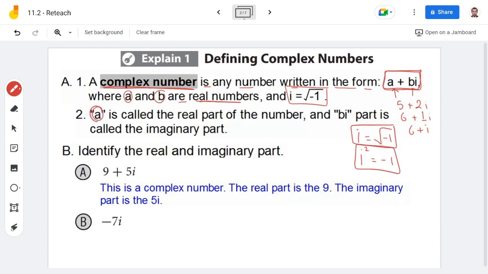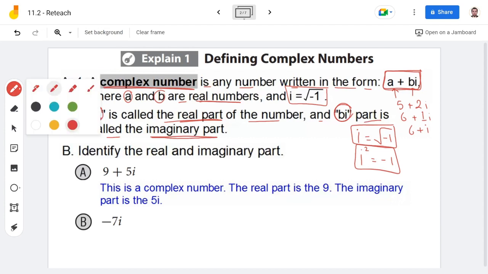The a in the formula is called the real part of the number, and the bi part is called the imaginary part. So a is the real number, and bi together is the imaginary number.